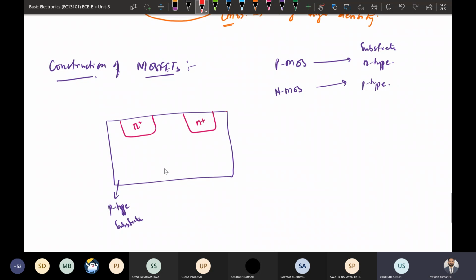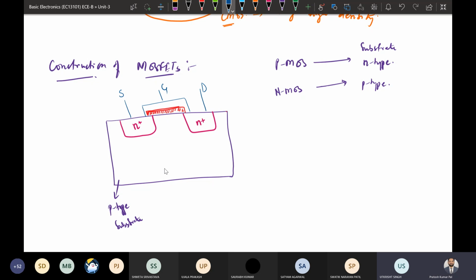The gate region is here, so there will be oxide, and over that we will have the gate terminal, which is metal. The N type regions will be connected with a metal terminal; this is considered to be source, and this is considered to be drain.